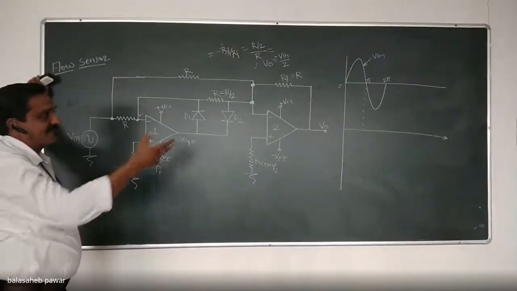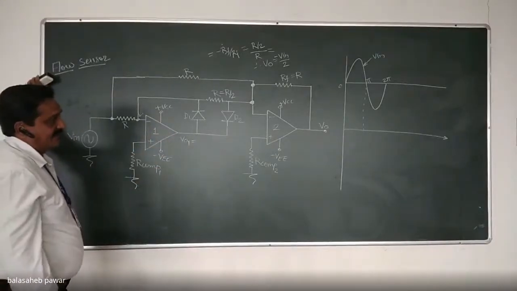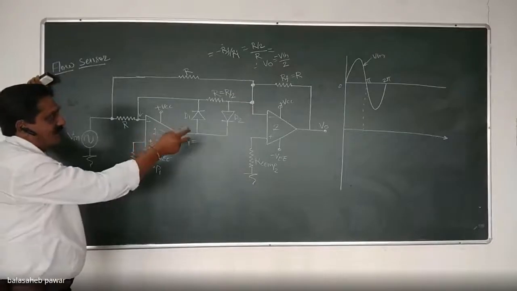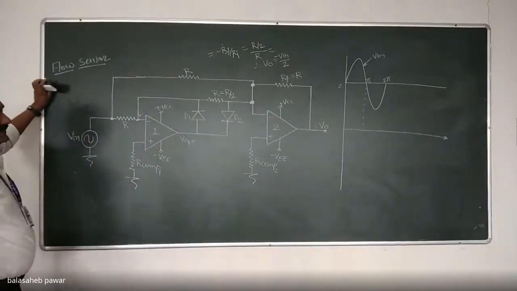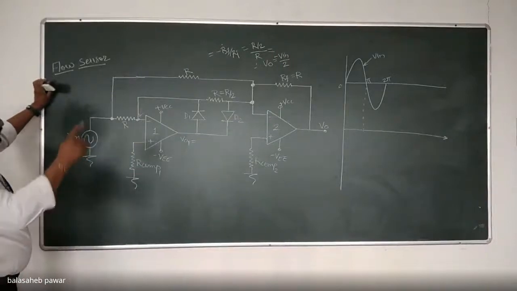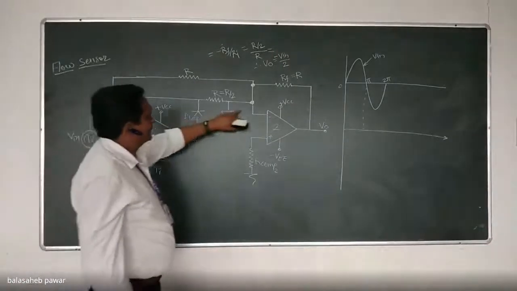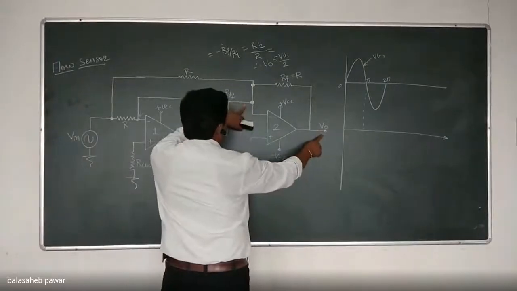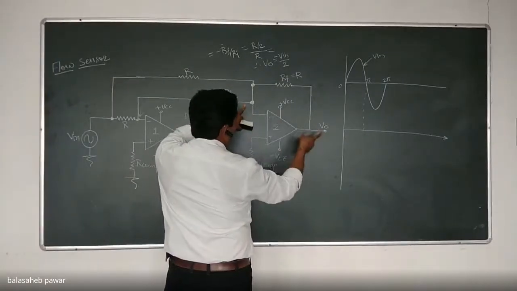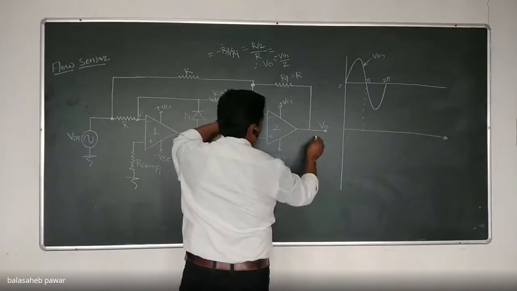It will be again inverted. Right? Inverted of what? Sum of inputs. Or one by one you can determine the output of the second op amp. See, by this minus Vin by 2, how much will be the output of the second op amp? It will be inverted. Is it?